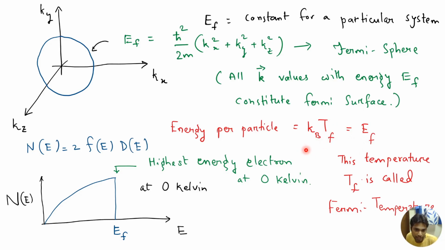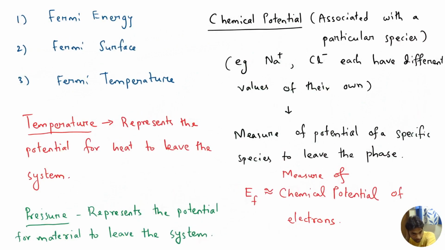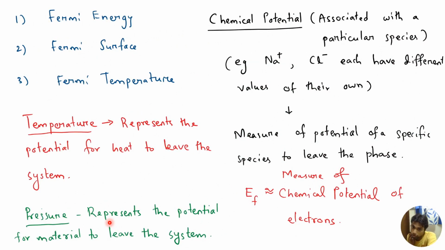As we had seen, n(E), the number of electrons in the energy level from E to E plus dE, is given by this function, and we see that EF is the highest energy electron at 0 Kelvin. So this is your Fermi temperature and Fermi surface.